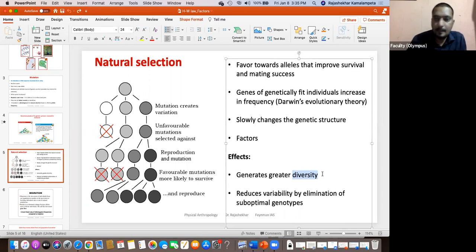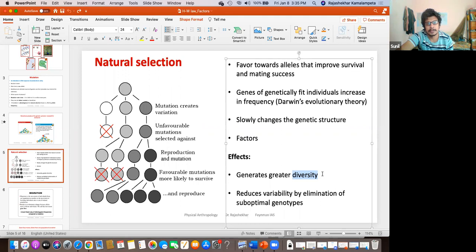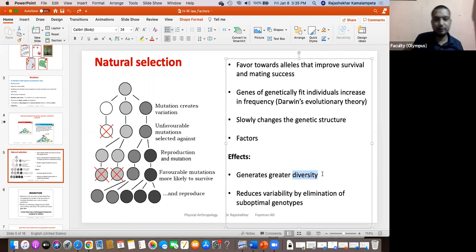Sir, one question. Where we said that mutation happens and then the environment, natural selection works on it. Correct. But in case of some diseases, it is the outside force which is leading to mutation, right? I mean, is it the case? What do you mean by outside force here?